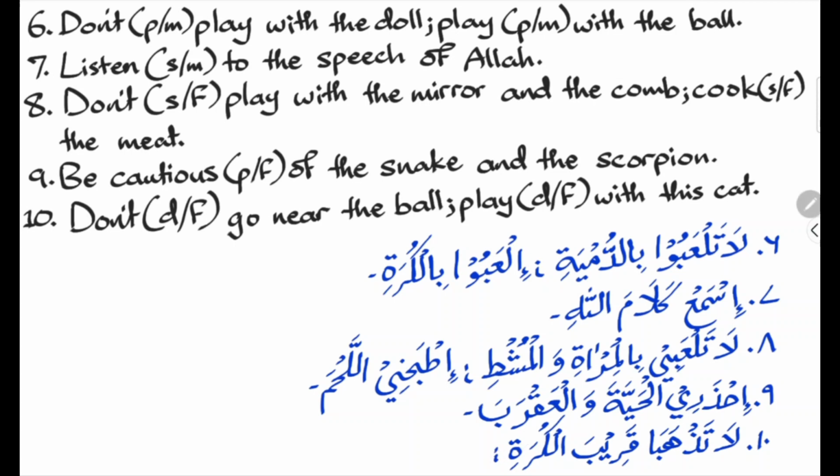Rather, play dual female again with this cat. So play is il'aba. That's dual on the wazn of if'ala, whether it's for masculine or feminine. Il'aba with is bi. This is hada or hadihi. Cat is qitta. Now remember that since cat is qitta or hirra, whichever one you want to say, since that's feminine, you have to use hadihi, which is feminine, not hada.